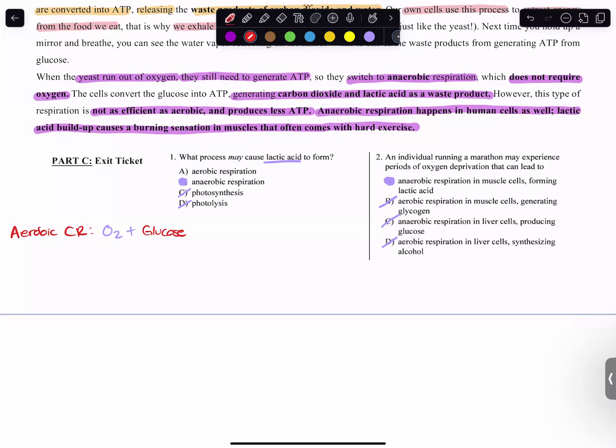Both of those things come together. And what it's going to release as waste products is CO2 and water. But as not a waste product, we have ATP energy.